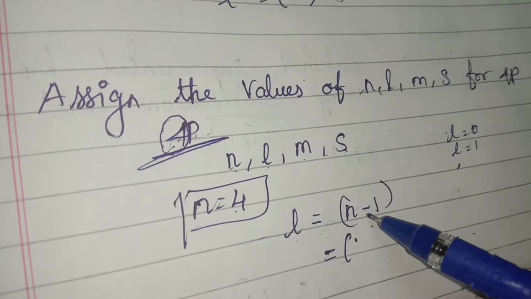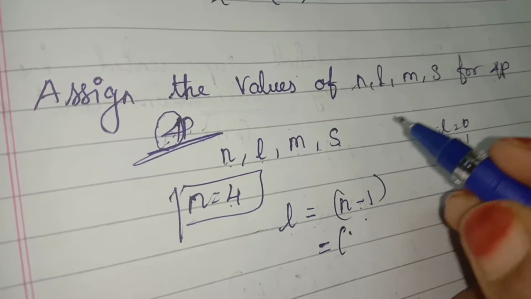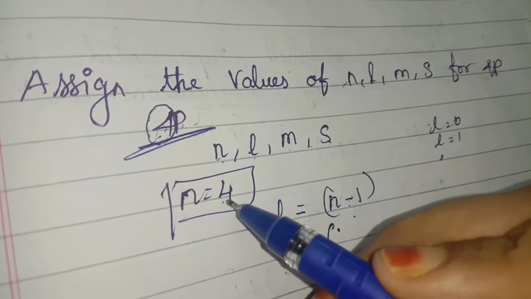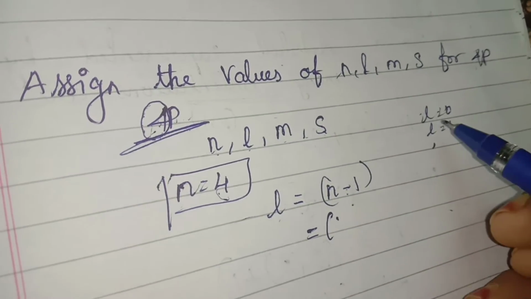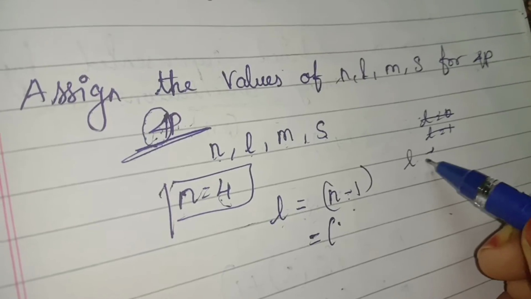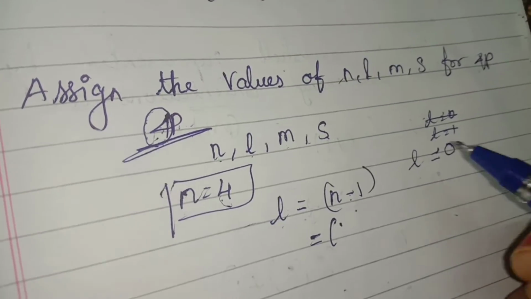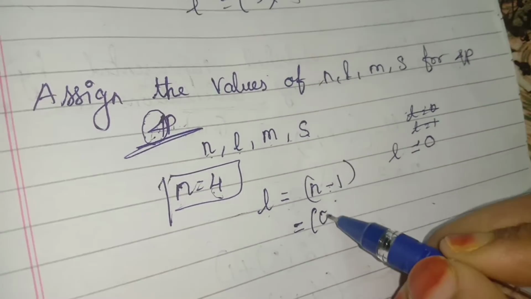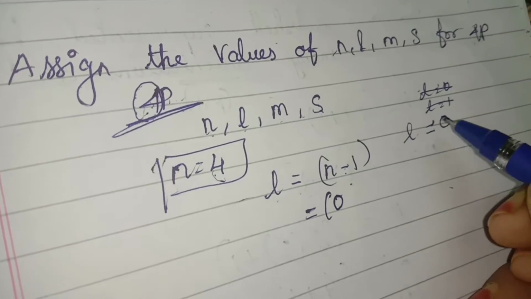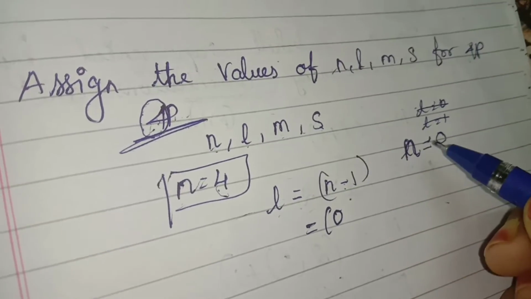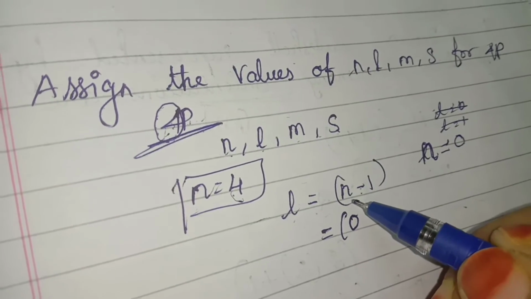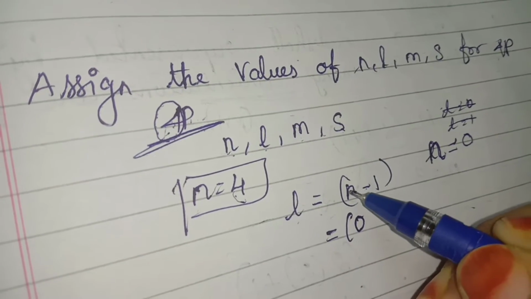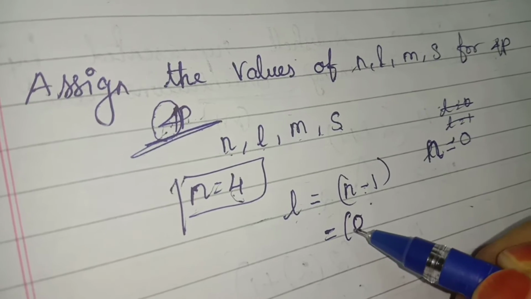Now you have to write the L formula. L is equal to N minus 1. You should not write the N value here; you have to start the N value from 0. Sorry, I'm so sorry, N is equal to 0, then N is equal to 1.